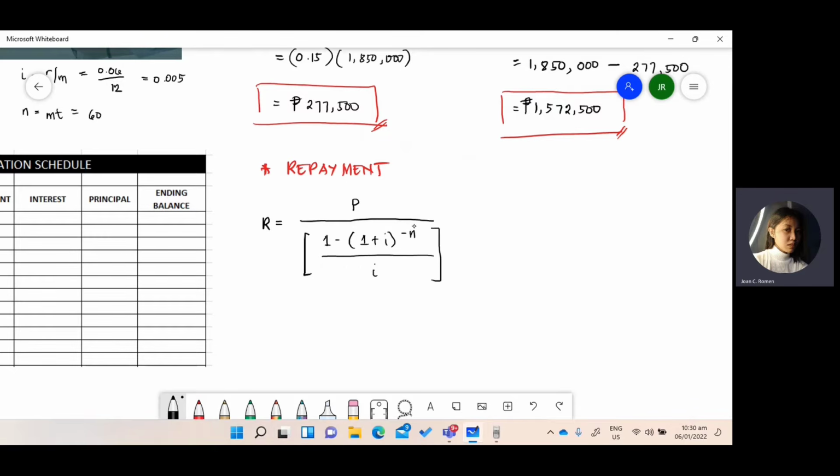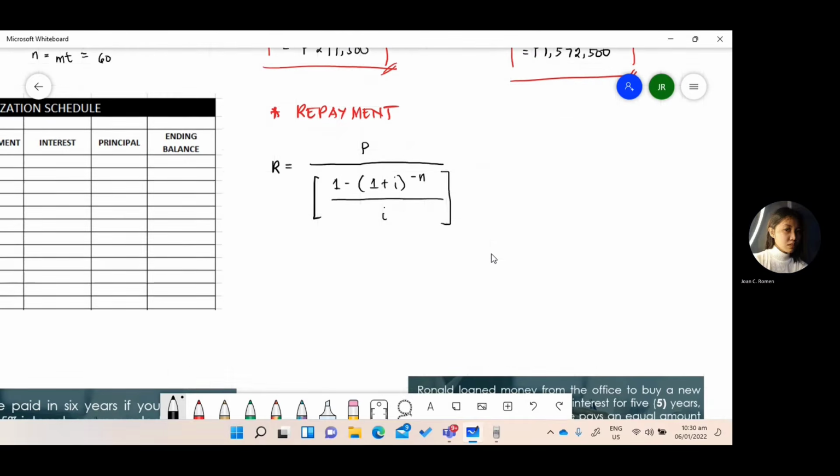Okay po? So, just substitute lang po ang ating mga given.